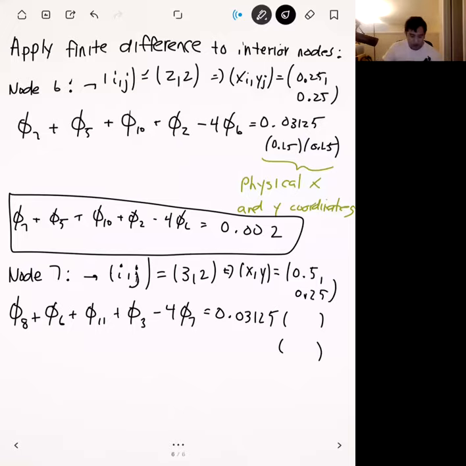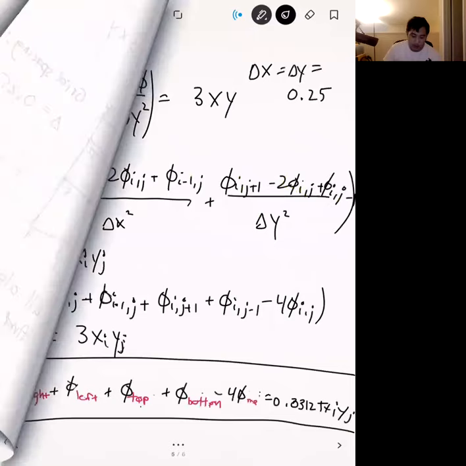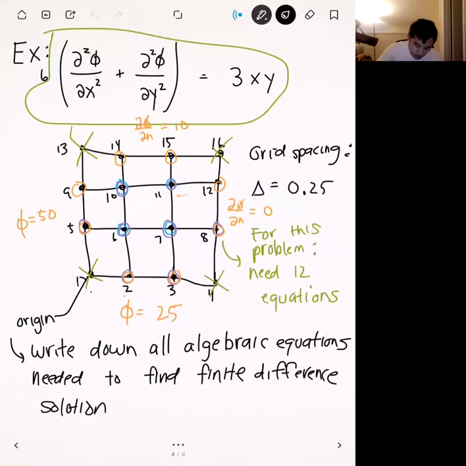Let me label that here so you know. Since this node is the origin, this is going to be at 0, 0. This first node right here, node number 6, is at 0.25, 0.25. And the physical coordinates for node number 7 are 0.5, 0.25.